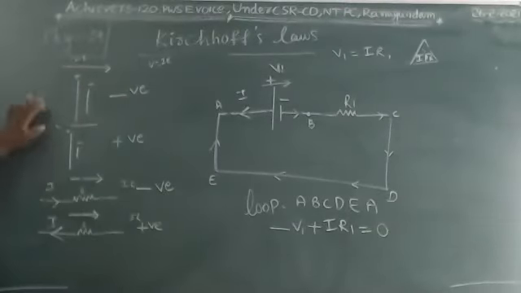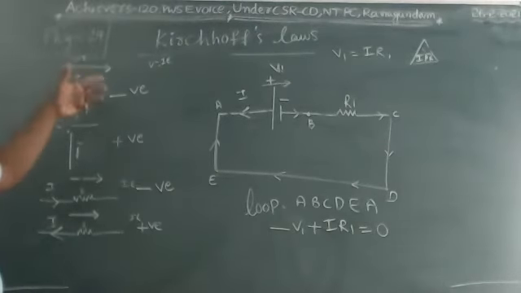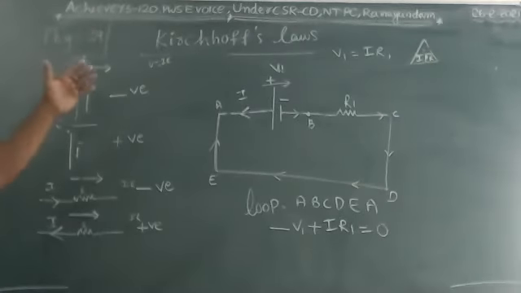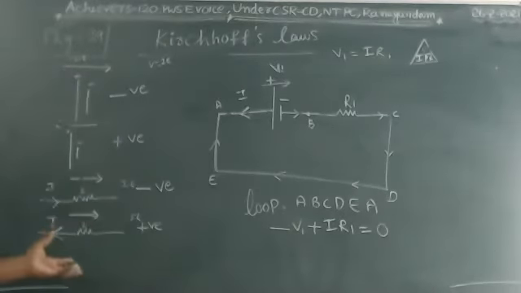Four are given in the textbook. Read them properly. And know whether the potential difference is positive or negative while moving from positive to negative or negative to positive. If you know the current direction and potential direction, moving with positive and negative, you can easily understand.